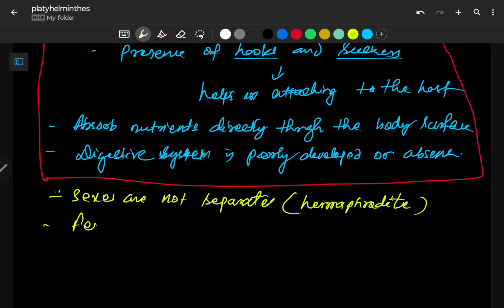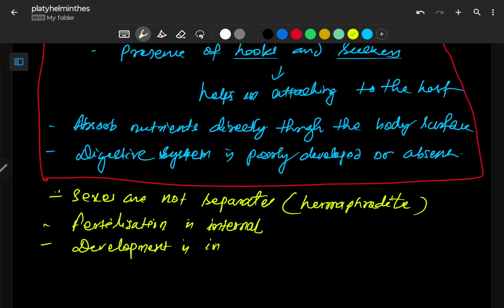Here the fertilization is internal. Development is indirect. Remember, development is indirect, means it includes larval stage.